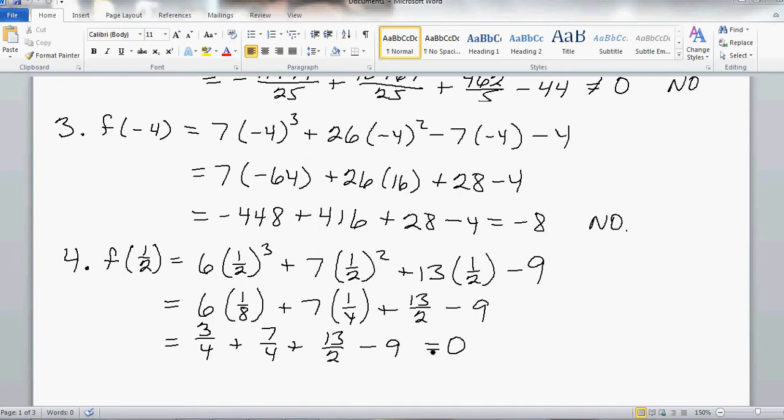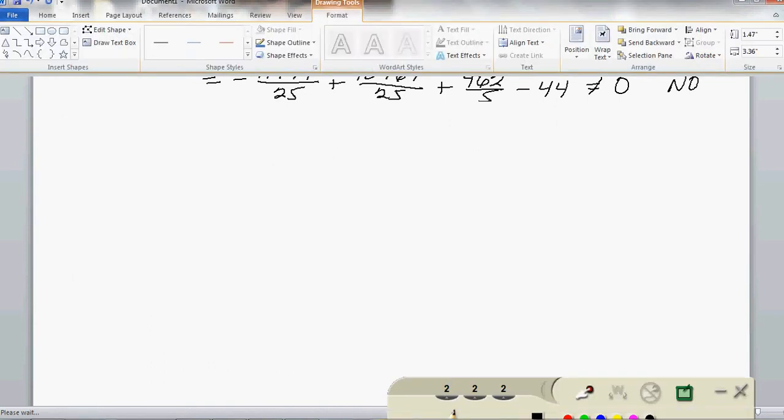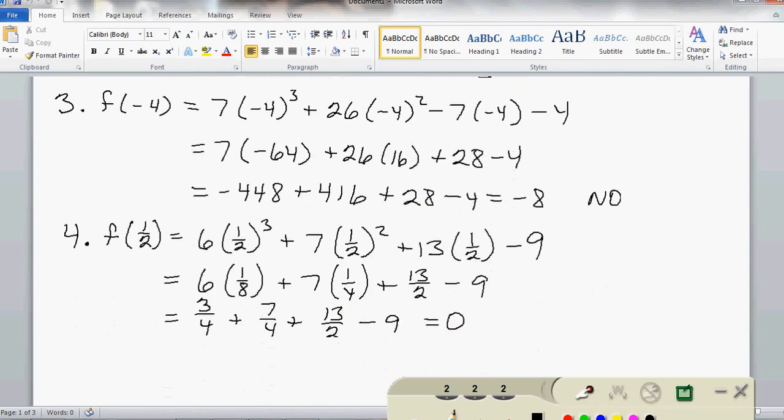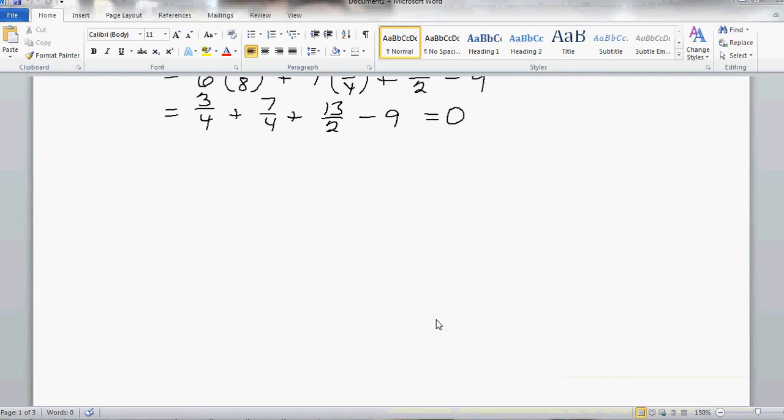Then we need to write it in factored form. Now, one thing we need to do here is we know that x minus 1/2 is a factor. So that means x minus 1/2 is one of our factors. What would the other part of it be?